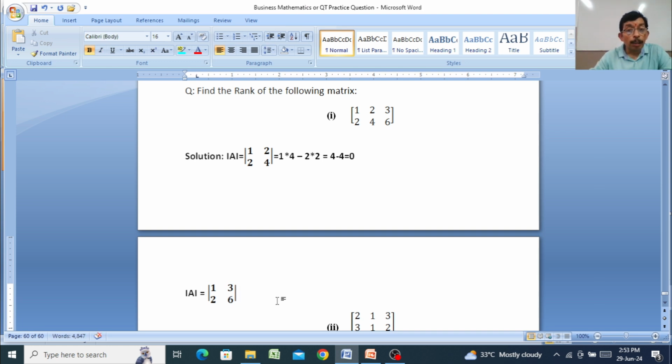Calculate each 2 by 2 order determinant of the given matrix. If one of them is non-zero, then the rank of the matrix is 2. Is it clear, everyone?